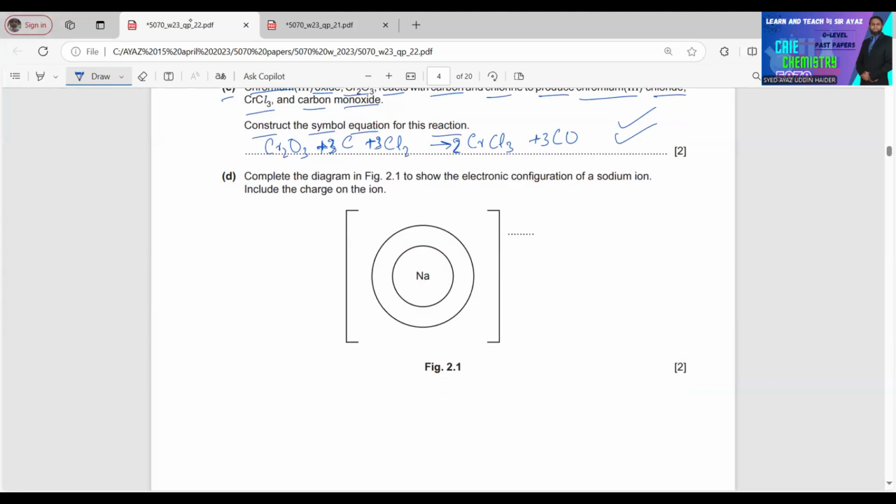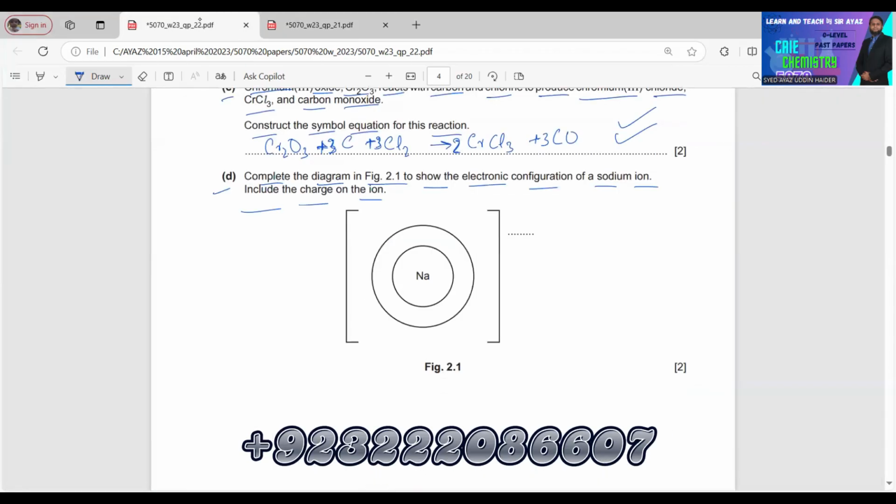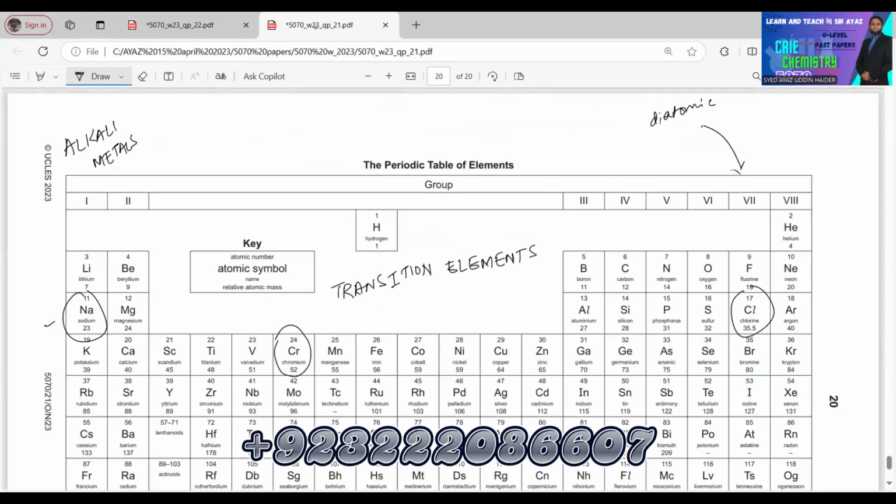Moving to next question, part D. Complete the diagram in figure 2.1 to show the electronic configuration of a sodium ion. Include the charge on the ion. Here's sodium. It's in group 1, which means it will lose 1 electron. Look at the proton number of sodium, it's 11.